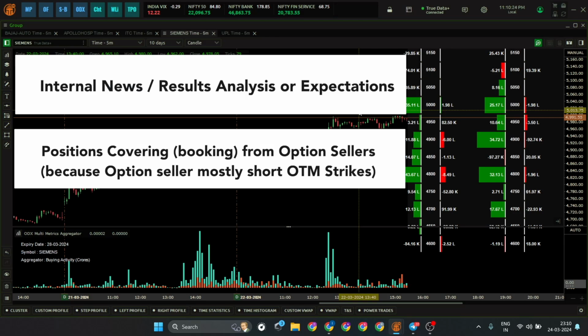That means you will go to out of the money and sell some premiums. These are some regular income strategies which smart money and big players use.